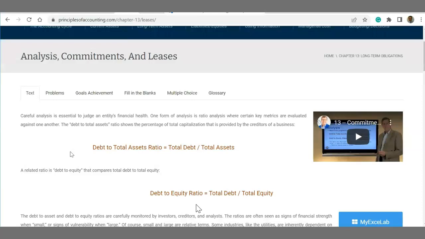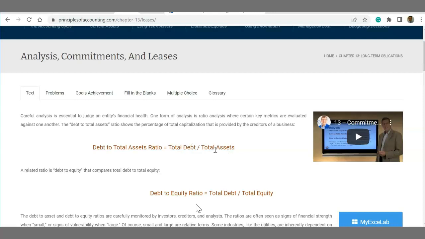In regards to solvency ratios, since we are talking about long-term liabilities and bonds, there is the debt to asset ratio. It shows how much debt you have for every $1 of asset in the company. So debt goes at the top, at the bottom goes asset.